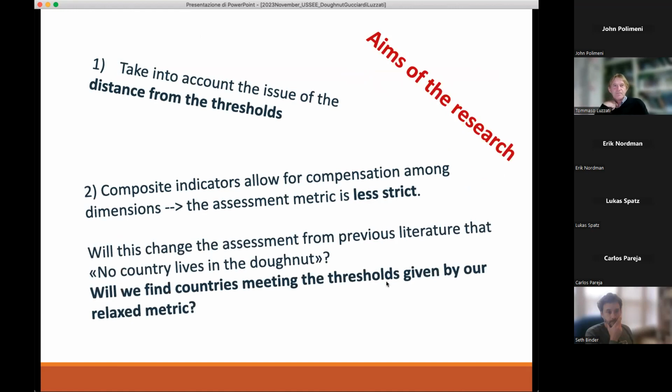So this is the main question: despite using a weaker assessment criterion, will we find countries meeting the thresholds given by our relaxed metric? Because so far, the assessment is that no country lives within the donut.